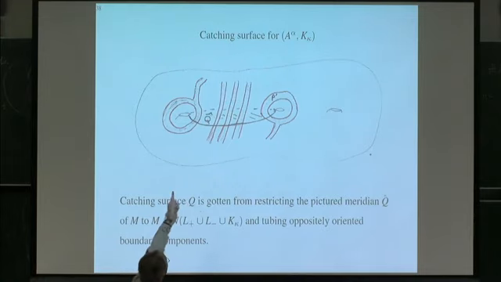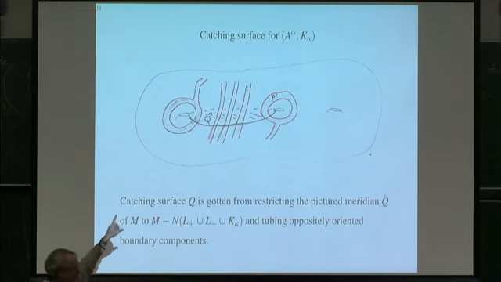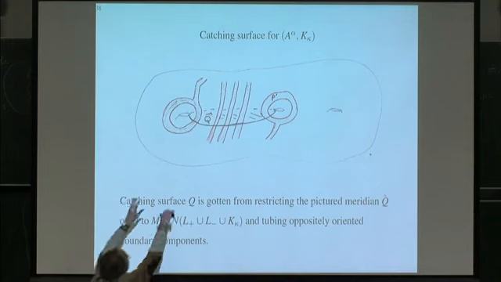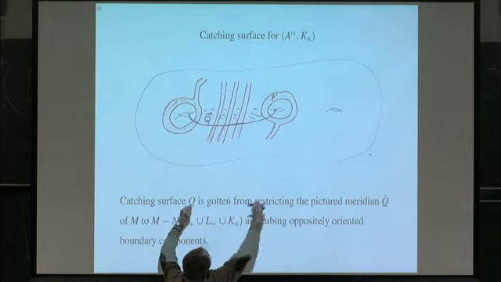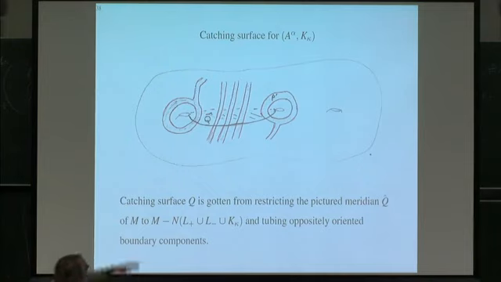I have this three-punctured sphere, which is of strong handlebody type. Remember, I get it by taking this simple annulus of handlebody type and Dehn twisting along this gamma G. And the catching surface is going to be the one that I get by taking this meridian disk.